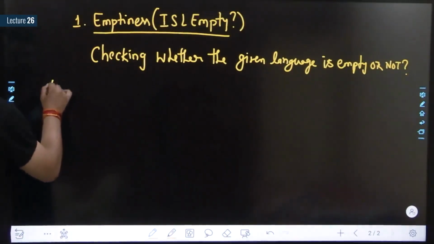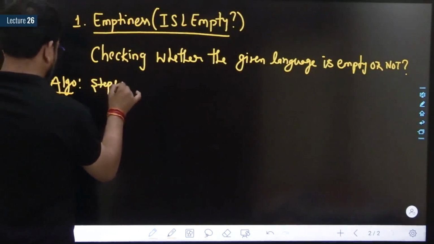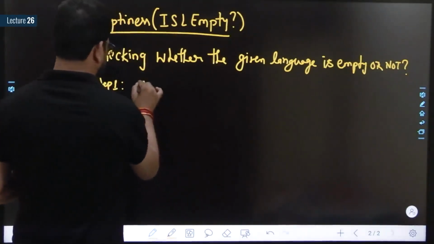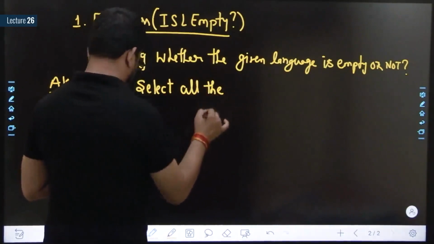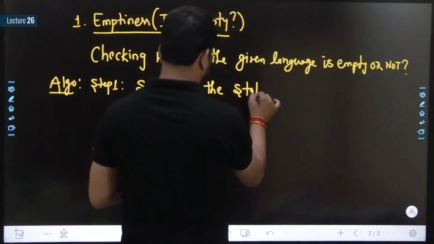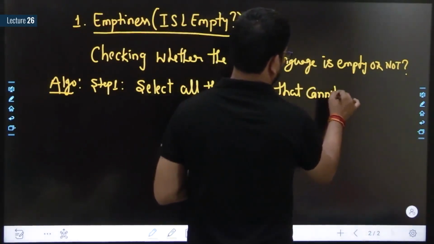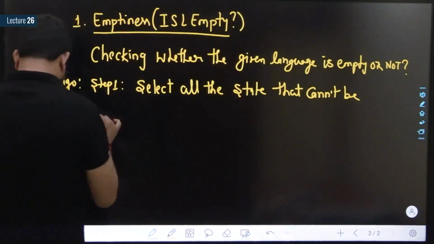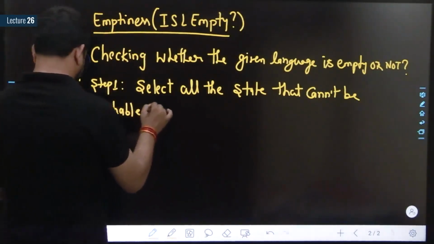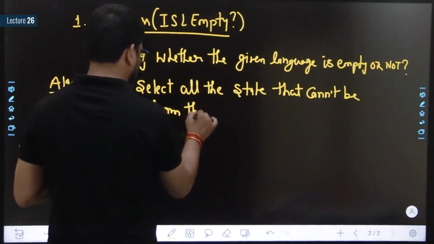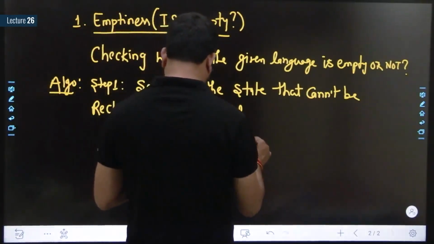Algorithm. Step first. Select all the states that cannot be reachable from the initial state.